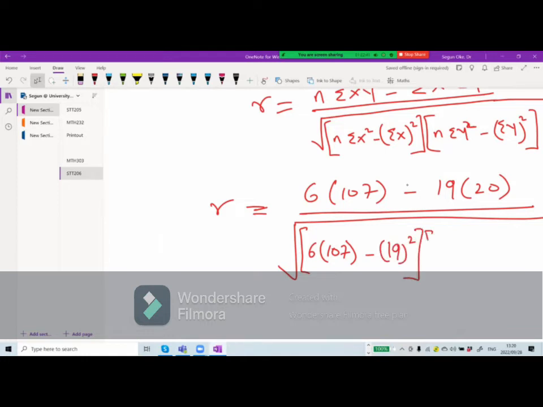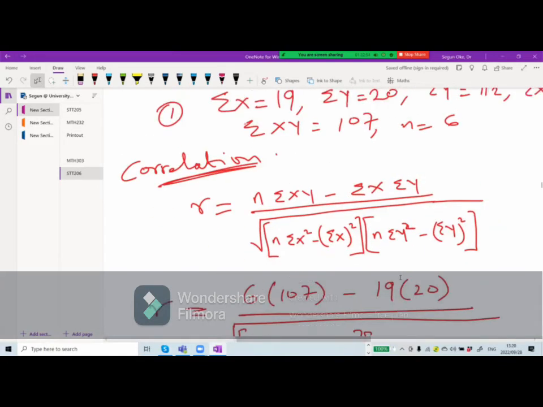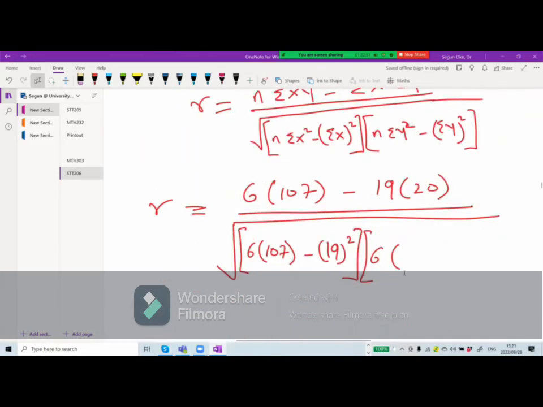Close the bracket, open the big bracket, 6 in bracket, summation Y squared, 112, minus summation Y, 20, all squared.